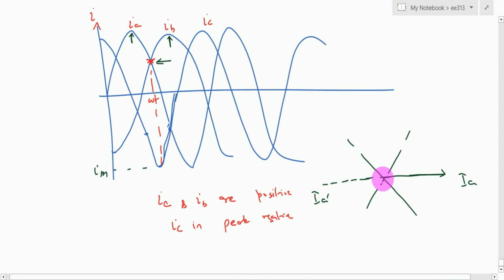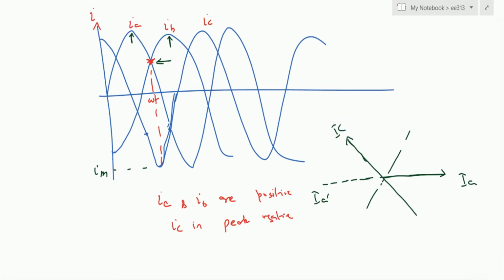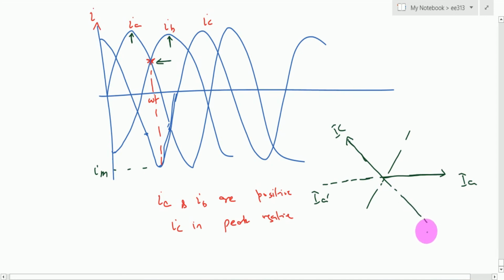Then this is IC, and consequently this dotted end is IC dash. And here we have IB, and this dotted end is IB dash.